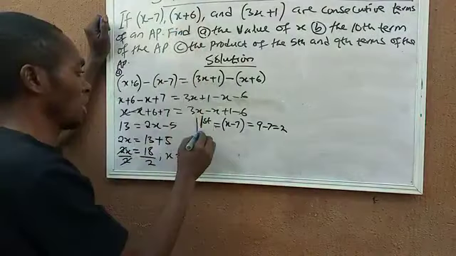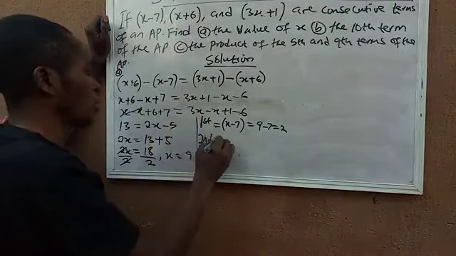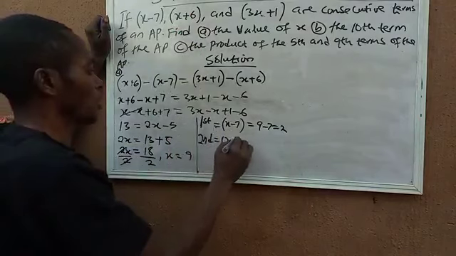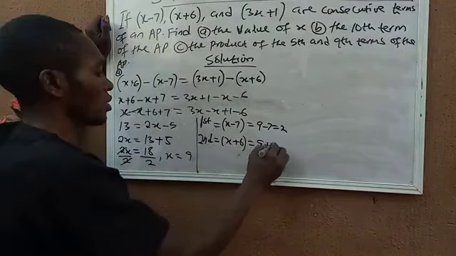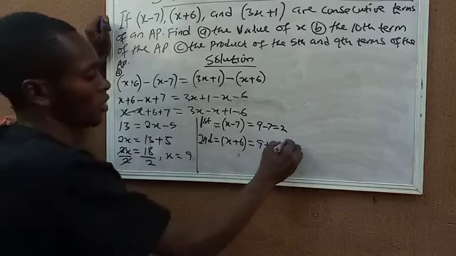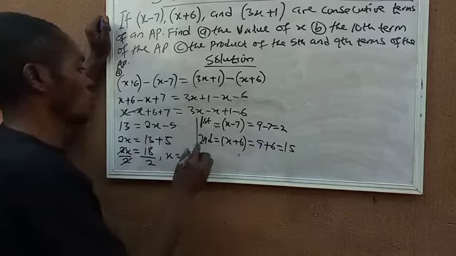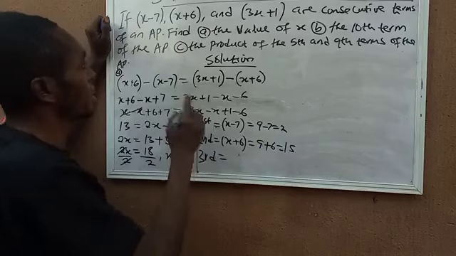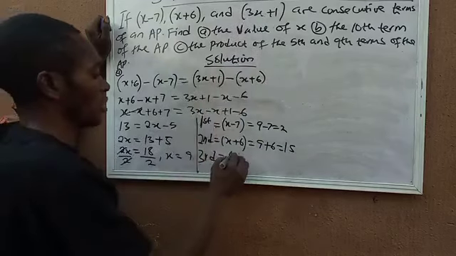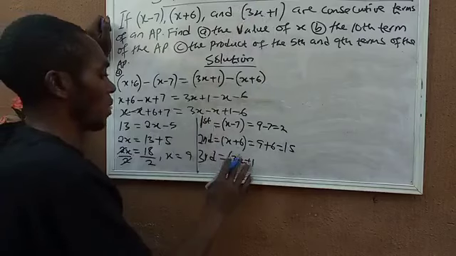The second term is x plus 6, which is the same as 9 plus 6, and 9 plus 6 gives us 15. We also have our third term, which is 3x plus 1.